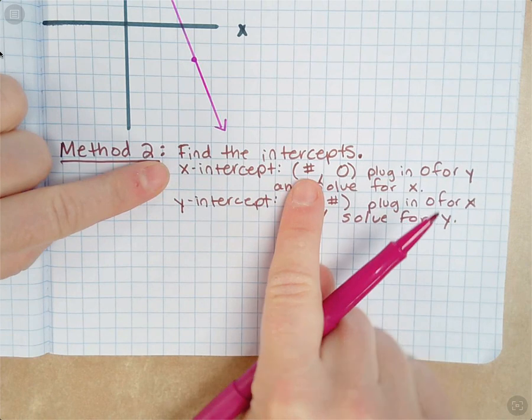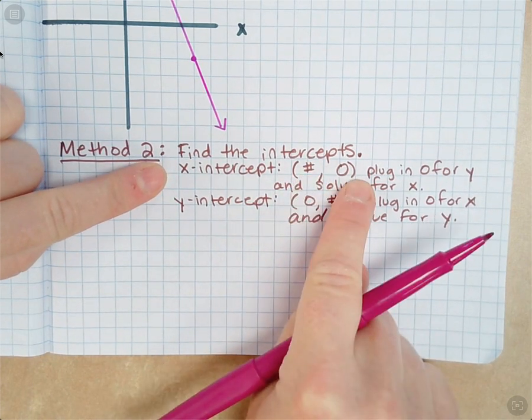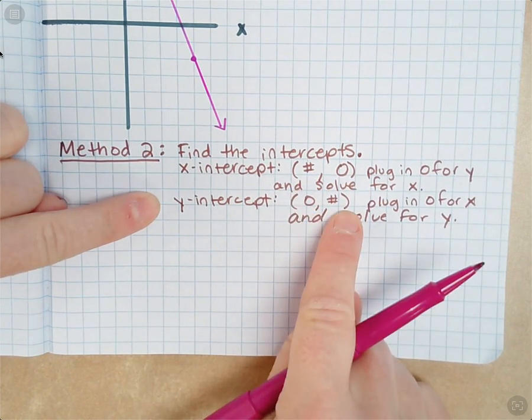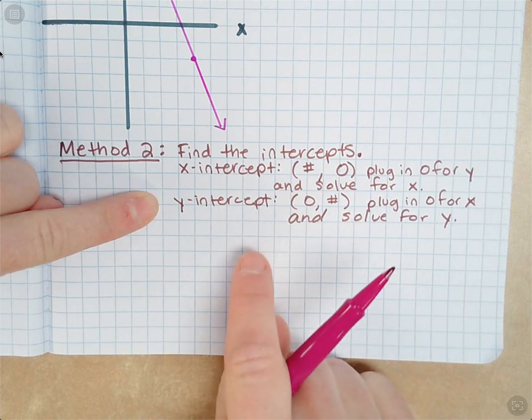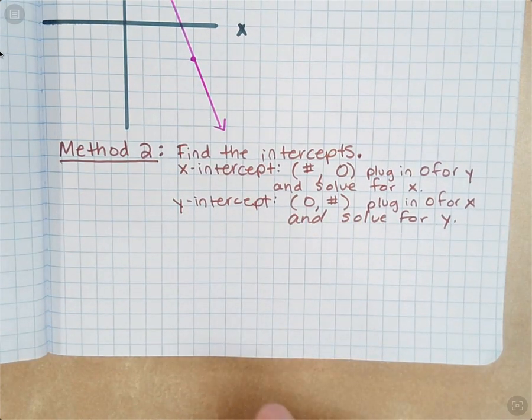Your x-intercept is some number, comma 0. And your y-intercept is 0, comma some number. You're going to write your x and y intercepts as coordinates, not just as a number.